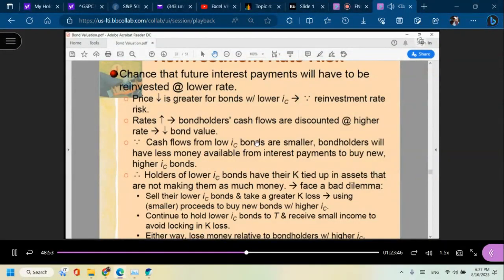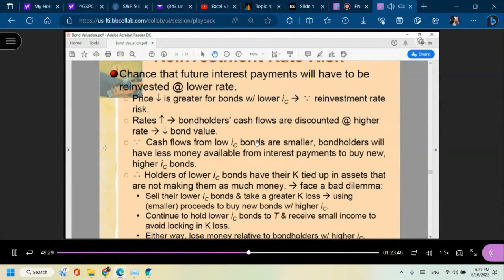And with those proceeds, you cannot buy back as much. You can buy back, but your equity holding, your stock holding or bond holding will be much smaller, especially in times of a high interest rate. In times of high interest rates, the valuation is relatively suffering.